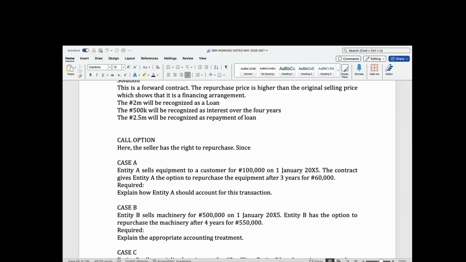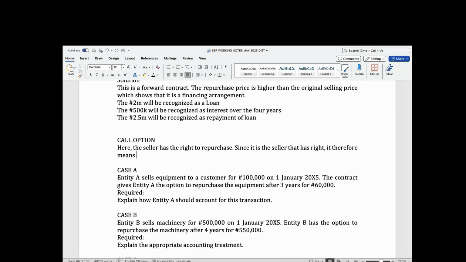Since it is the seller that has the right, it therefore means that the seller has not transferred control. You still have the right to repurchase. I mean, he has not transferred.